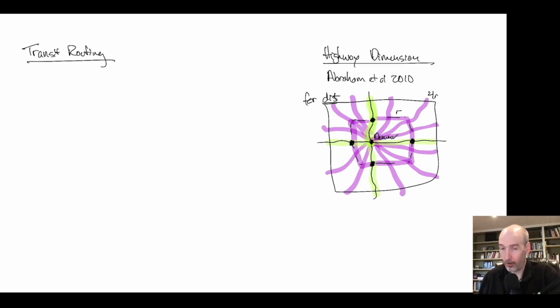There are cities in that region, but there's a lot of desert and other empty territory around there. So if there's only a very few set of cells right here, then there's going to be some structure that we can exploit when we think about shortest paths, as long as we're going a sufficiently far distance away. So this is a really nice theoretical notion of highway dimension.